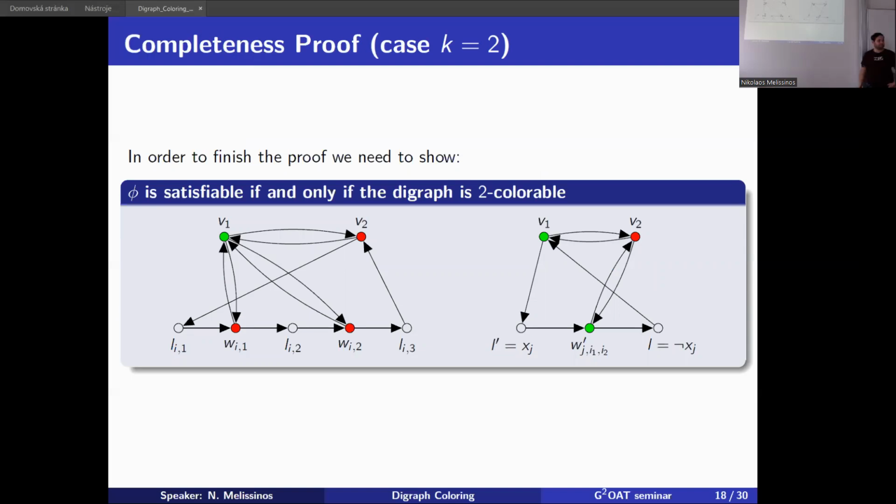But I thought you are reducing from the version of SAT where all clauses have either all positive or all negative literals. Not necessarily. It's not necessarily everything after the assignment. It's not everything true.